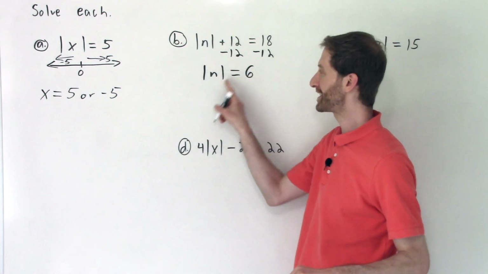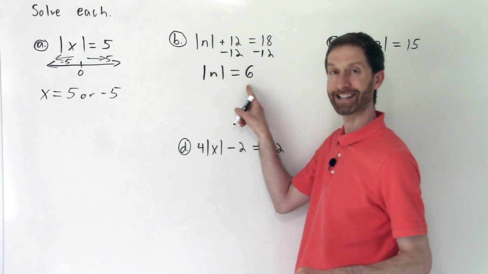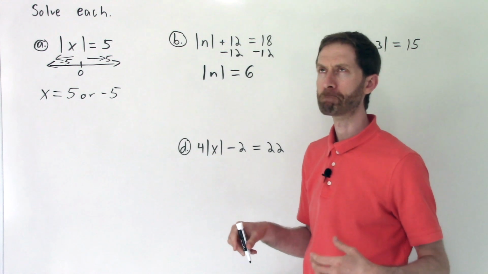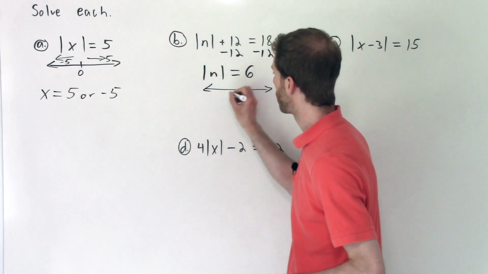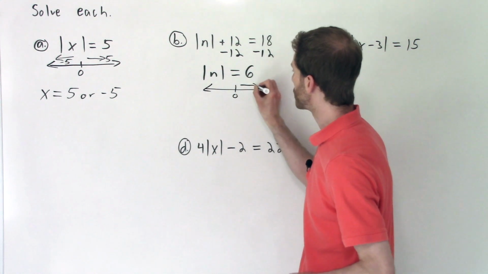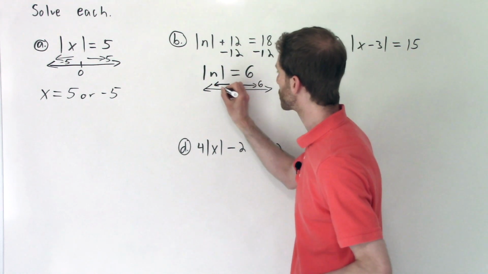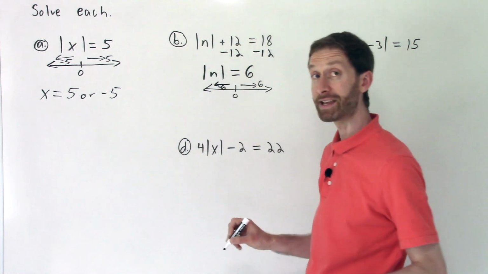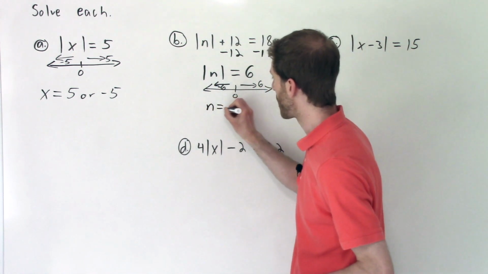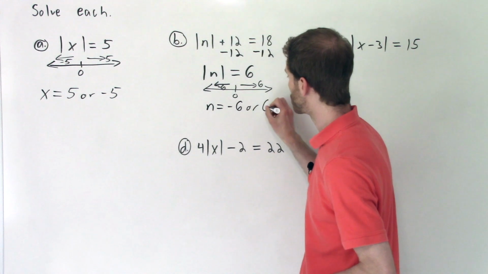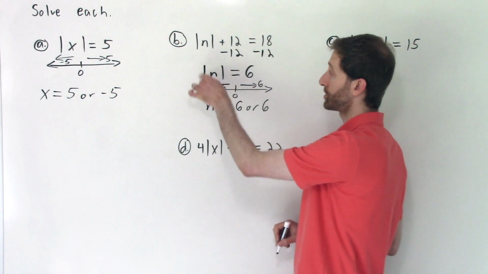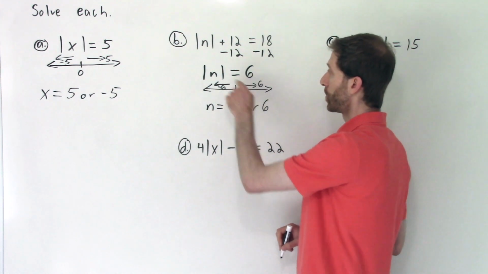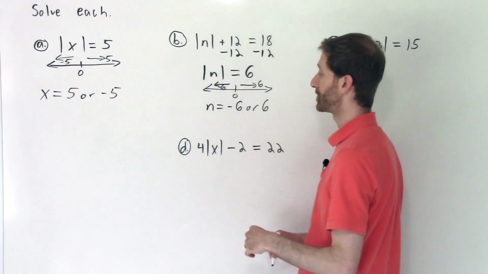Well, if n is a distance of 6 away from 0, then it's either 6 to the right or 6 to the left, which means n is either equal to negative 6 or 6. And that makes sense. All you got to do is plug in negative 6 and take the absolute value to see it's equal to 6, or plug in 6 and see the absolute value of 6 is 6.